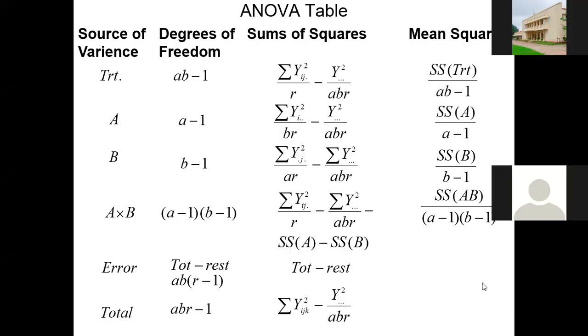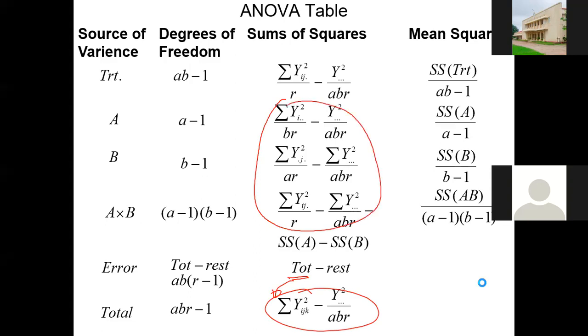Minus rest means either you take these 3 or this 3; this 3 is the same as this 3. You calculate and see the value.